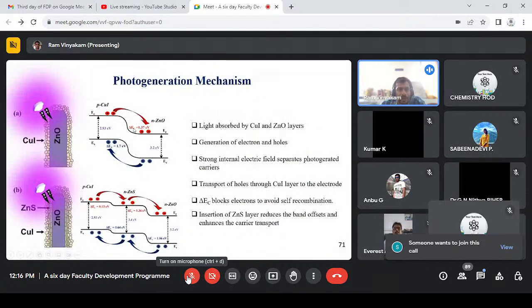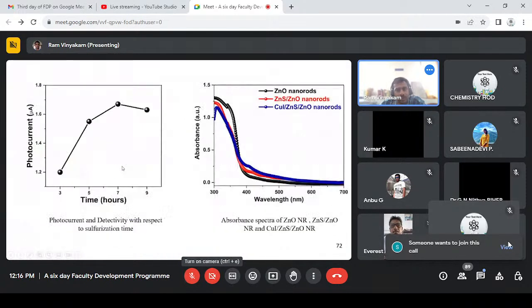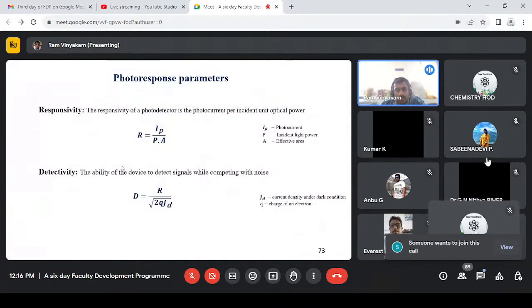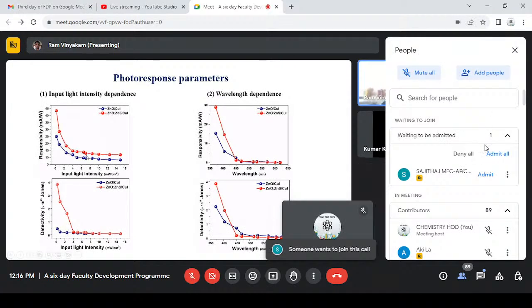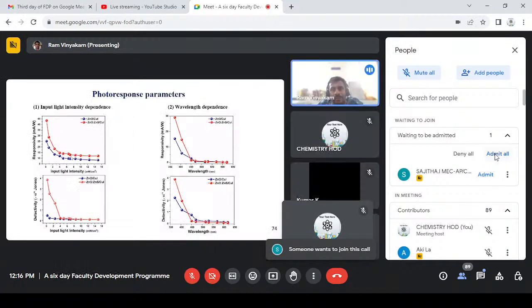And this is a band alignment of the photodetectors that was discussed before. All are solution processed, and we did different ways to characterize the devices. One thing is stability, and you should not always report with one device. You have to check multiple devices and take an average report.